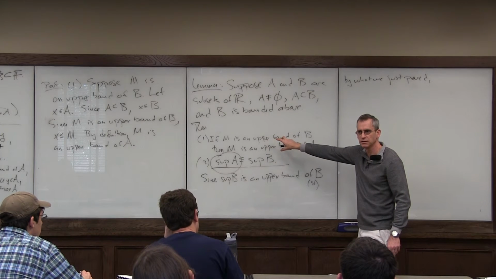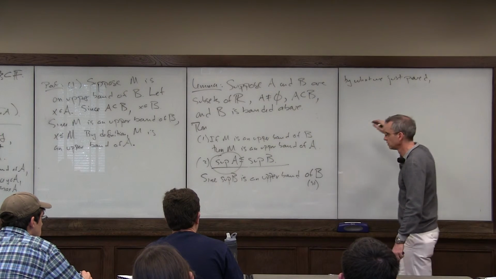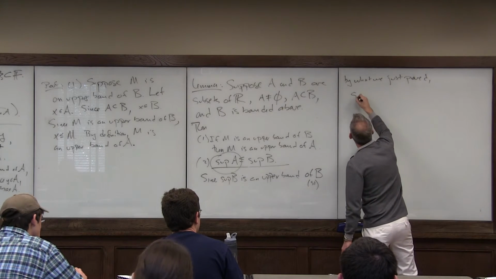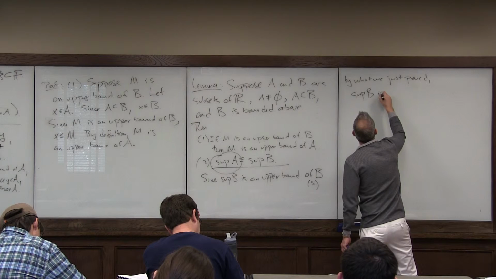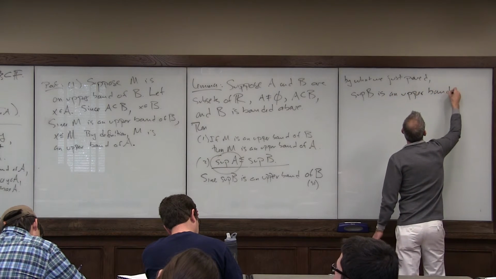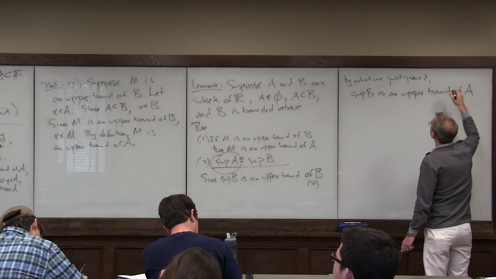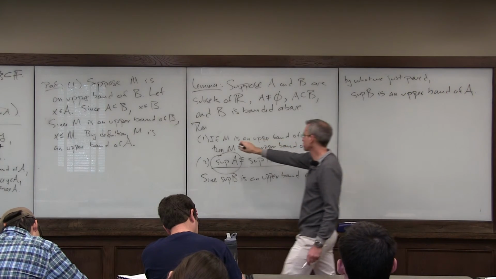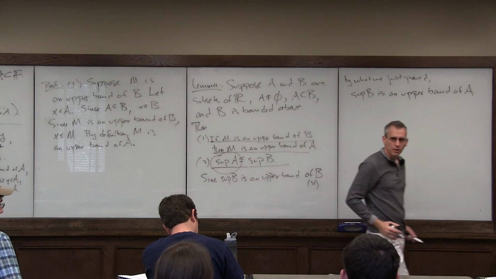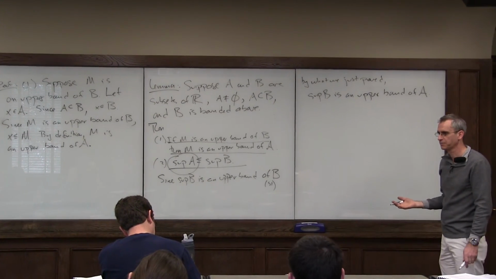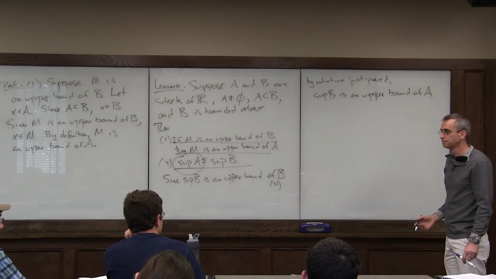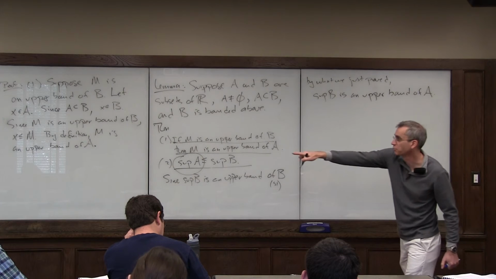And what do we get? Sup B is an upper bound of A, right? This is from what we just proved. If we know something is an upper bound of B, then it must also be an upper bound of A. Now what? Sup A is less than or equal to. Yeah, now we're done by our second property there.